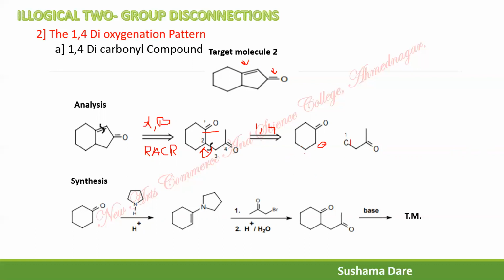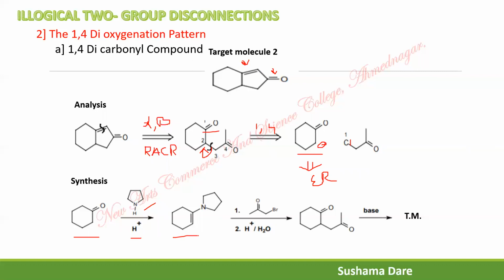Now the question here is again how to get this. So again you go with the enamine method. So retro of this is always an enamine route. So how to synthesize the enamine? Cyclohexanone is treated with pyrrolidine in presence of para-toluene sulfonic acid.